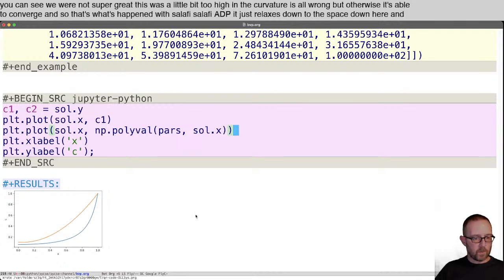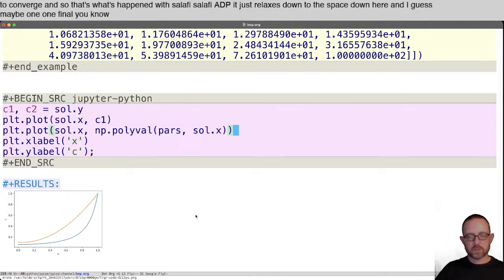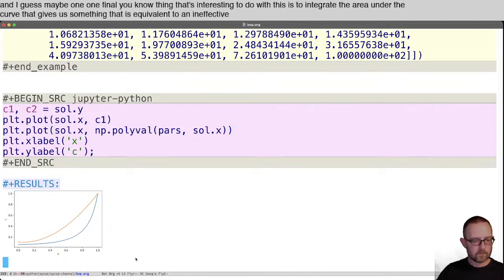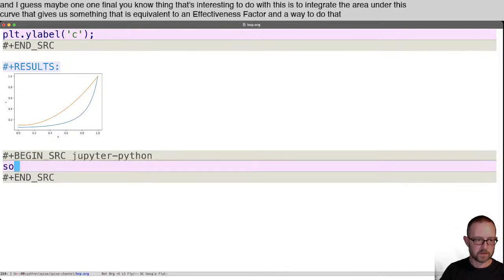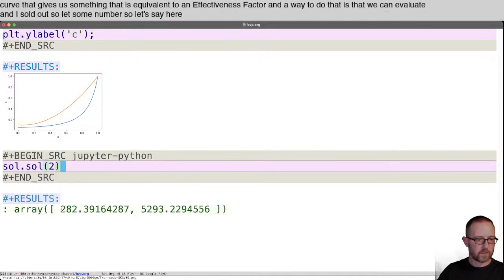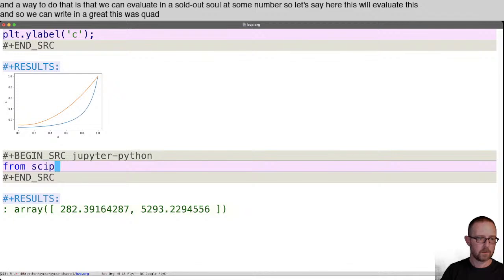And I guess maybe one final thing that's interesting to do with this is to integrate the area under this curve. That gives us something that is equivalent to an effectiveness factor. And a way to do that is that we can evaluate sol.sol at some number. So let's say here, this will evaluate this, and so we can integrate this with quad. So let's import quad.